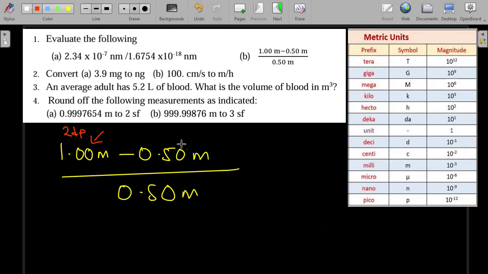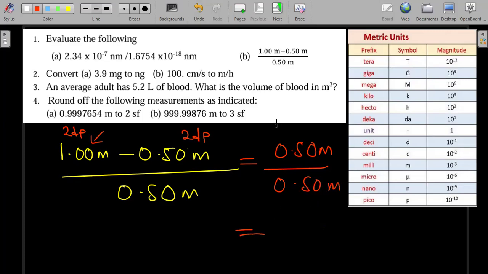So this one also has how many decimal places? There's 2 decimal places. So when we subtract, the answer that we should get should have two decimal places as well. So 1.00 minus 0.50 is going to be 0.50 meters, divided by 0.50 meters.